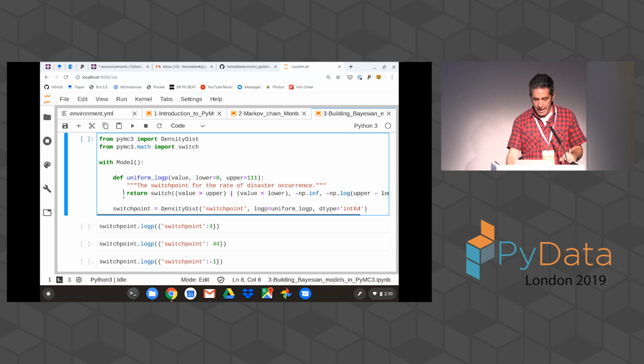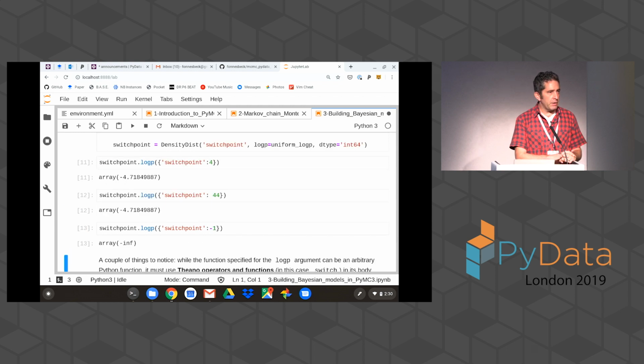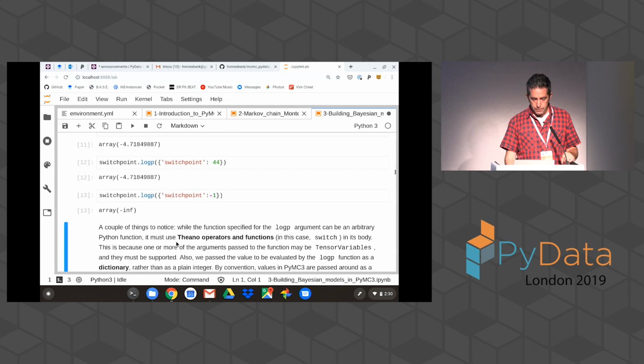And having done that, I can go do all of the things that I would do as if I were using one that came with PyMC. And it's uniform, so the value is always going to be the same, right? That's what uniform means, equal probability. But if I give it a negative number in this case, I'd get my negative inf, which is undefined. Cool?